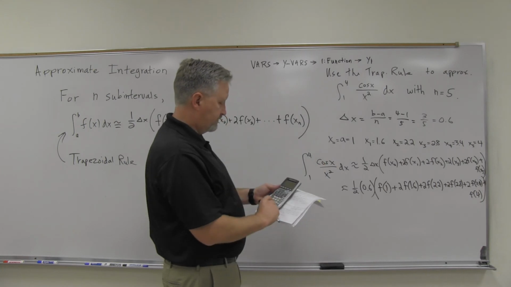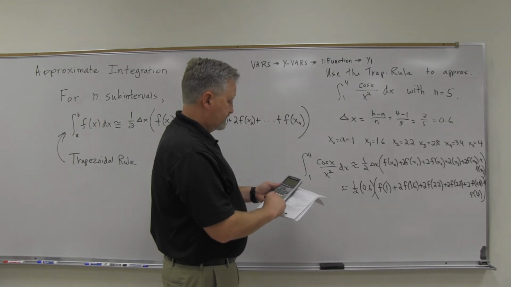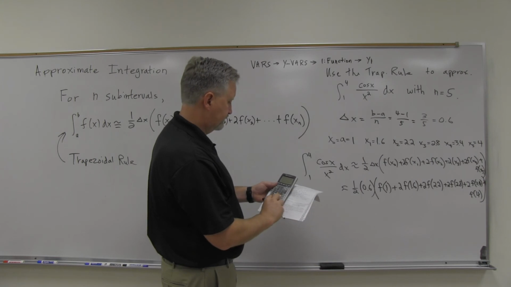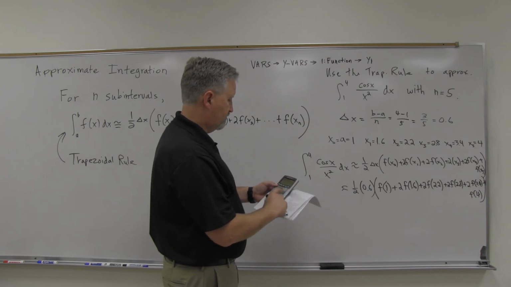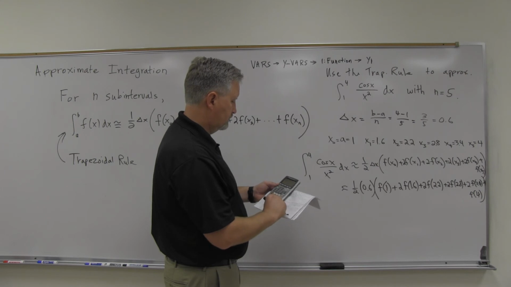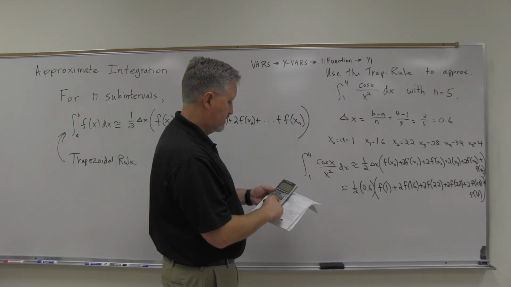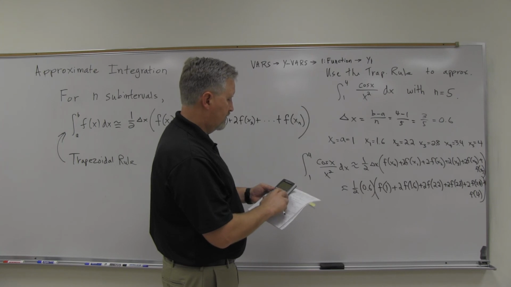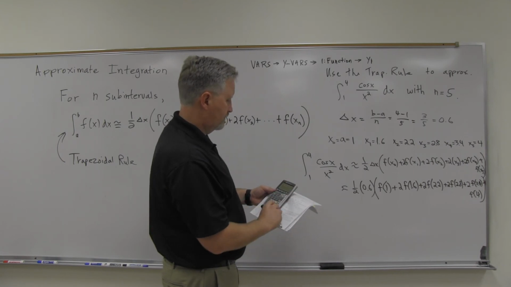So then we do 2 y1 of 1.6, plus 2 y1 of 2.2, plus 2 y1 of 2.8, plus 2 y1 of 3.4, and last but not least, plus y1 of 4.